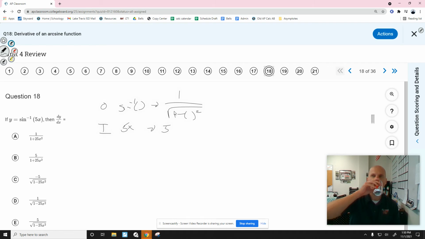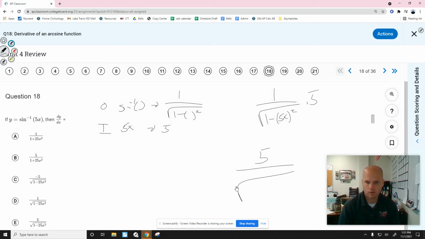It'll confuse you right now. Oh, I just want the derivative. So 1 over root 1 minus (5x) squared times 5. That's 5 over root 1 minus, make sure you square 5x, not just x, 25x squared.